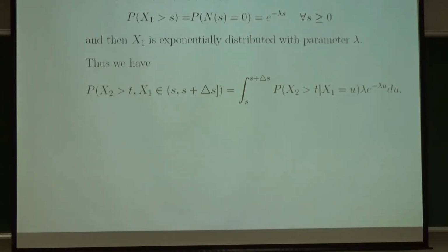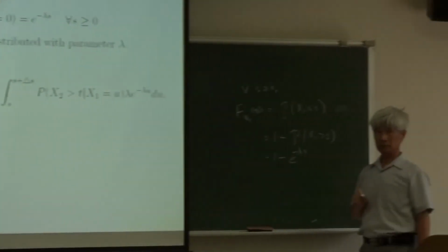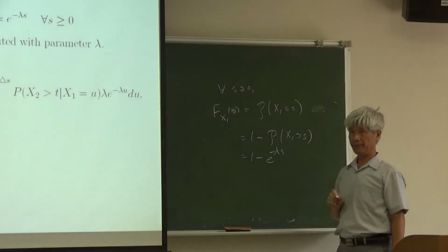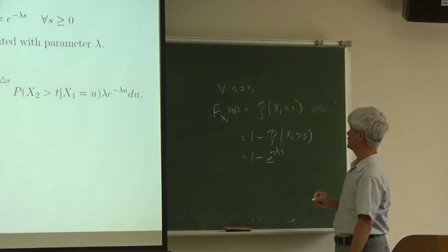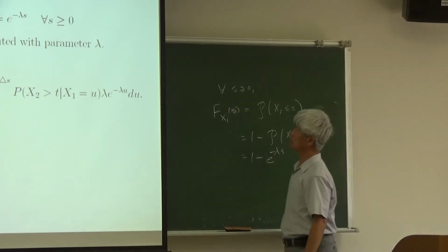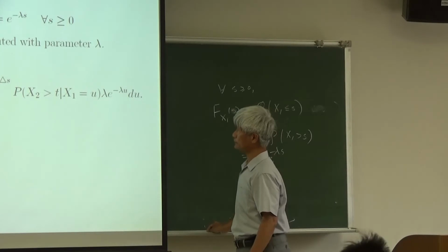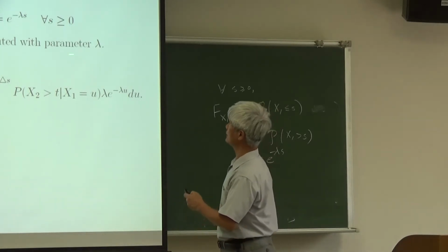For all x, we have that. And this one, so this is the CDF of an exponential random variable. Okay, this is the CDF.